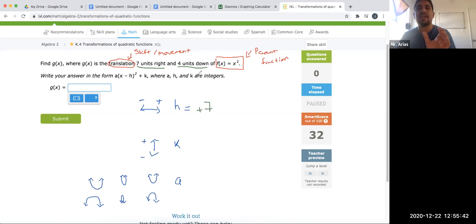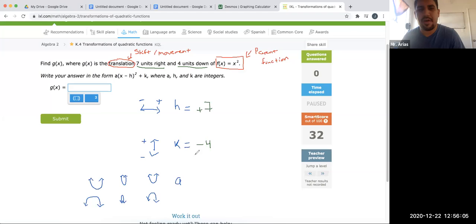So technically speaking, those are the values of h and k. Now, because the function is being shifted down 4 units, and we said that anytime you're going down, that represents a negative value of k, then that'll be your integer, which is -4. Okay, we just found the values of h and k.